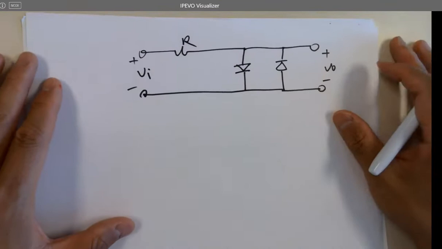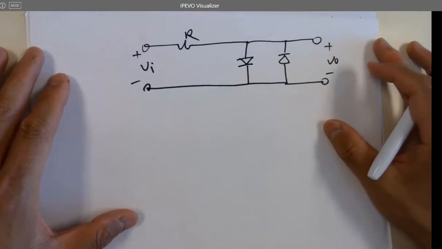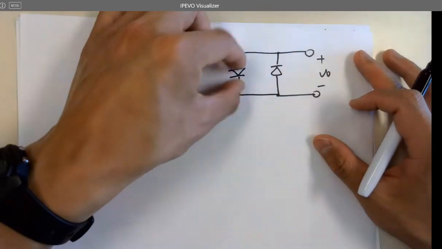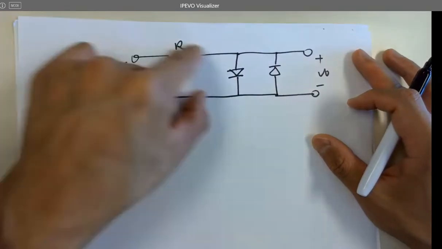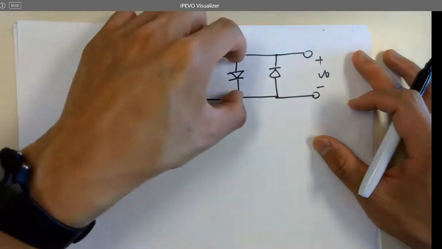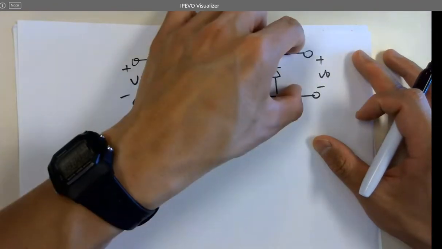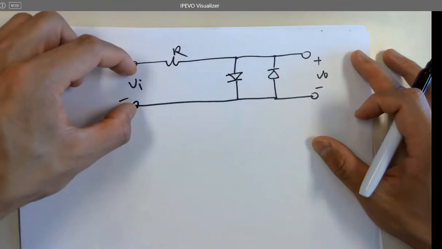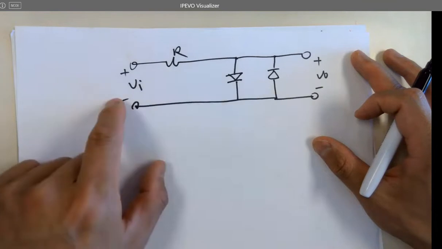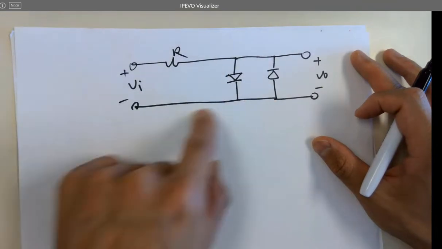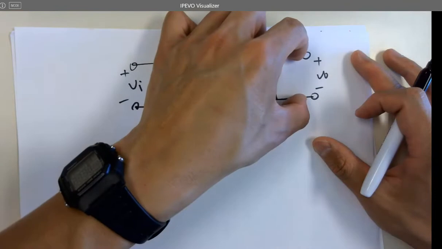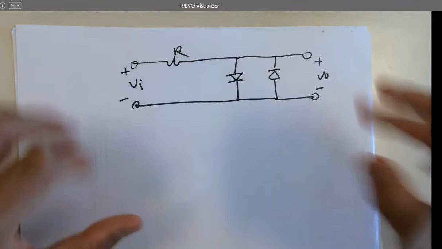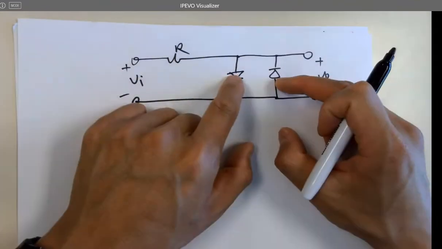Whenever this one is larger than 0.7, then current flows that way, right? And then here becomes 0.7 volts. Whenever this voltage is lower than negative 0.7 volts, this one is conductive, so the current flows that way. So the voltage here becomes negative 0.7 volts. But whenever the voltage is in between these two voltages, none of them are conductive.